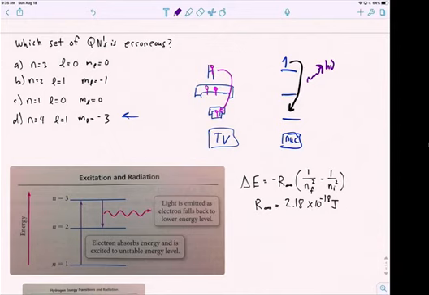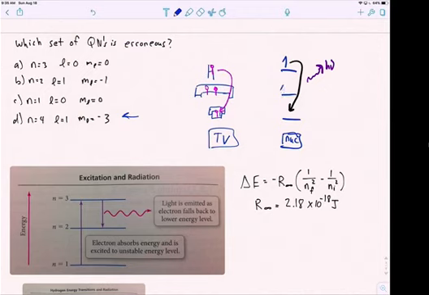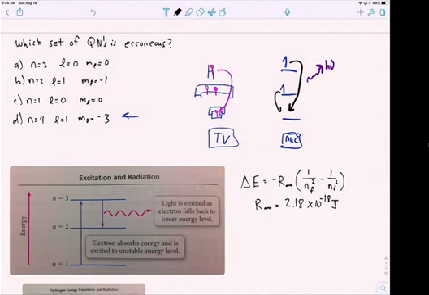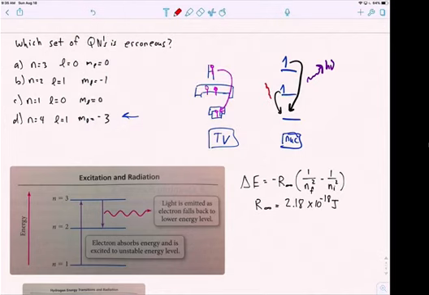of light. If it's a lower jump, say it's here, and it goes down, it's going to give off a photon of lower energy. The lower energy photon I'm drawing is red, and the high energy photon I'm drawing is violet, if you can't see the colors.